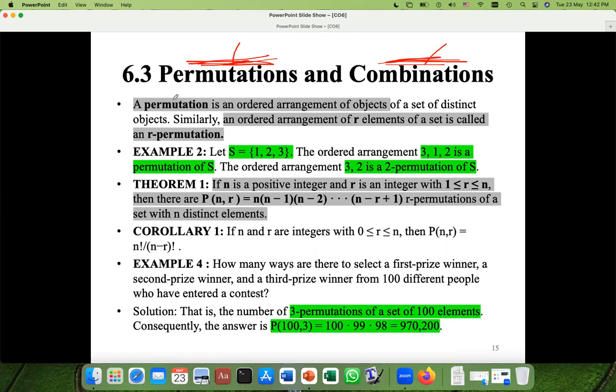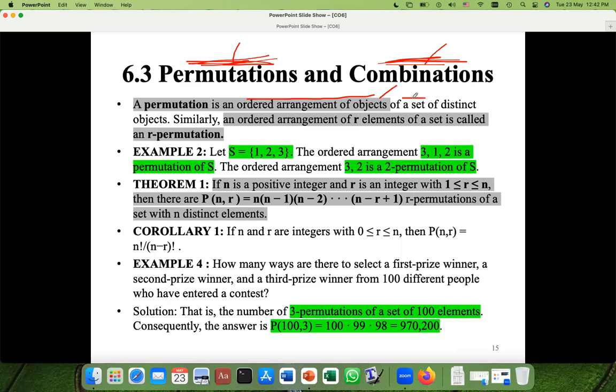So what is permutation? The definition is: an ordered arrangement of elements or objects is called permutation. When order is important, that is called permutation, and that would be an arrangement of objects or terms or elements of a set.